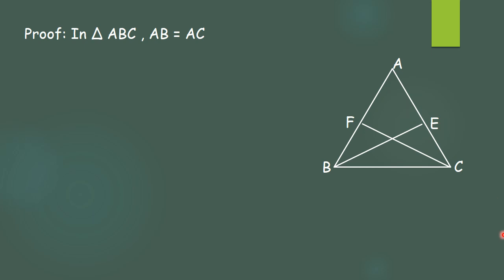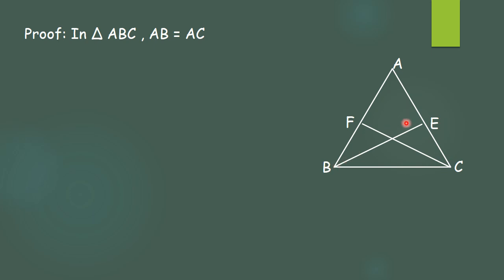To prove that BE is equal to CF, we will consider the triangles in such a way that BE will be the side of one triangle while CF will be the side of the other triangle. Now I have considered triangles ABE and ACF, or you can consider BFC and BEC.